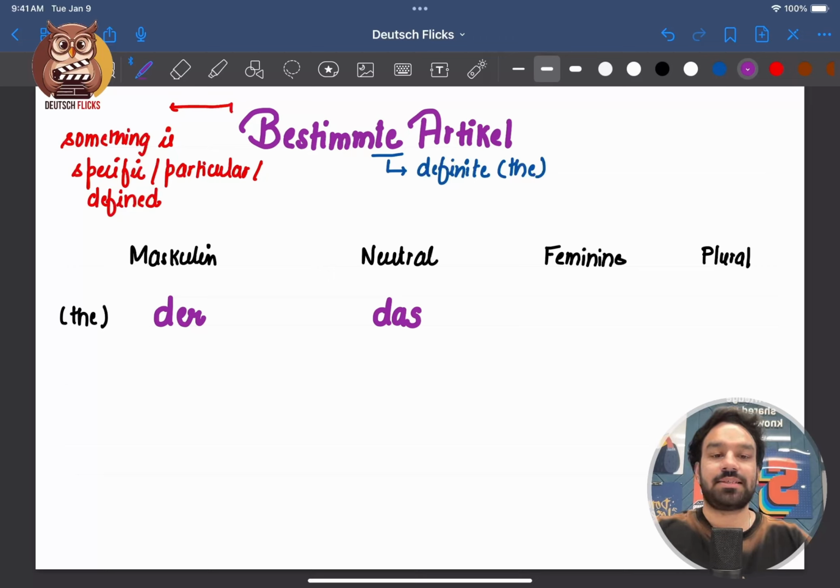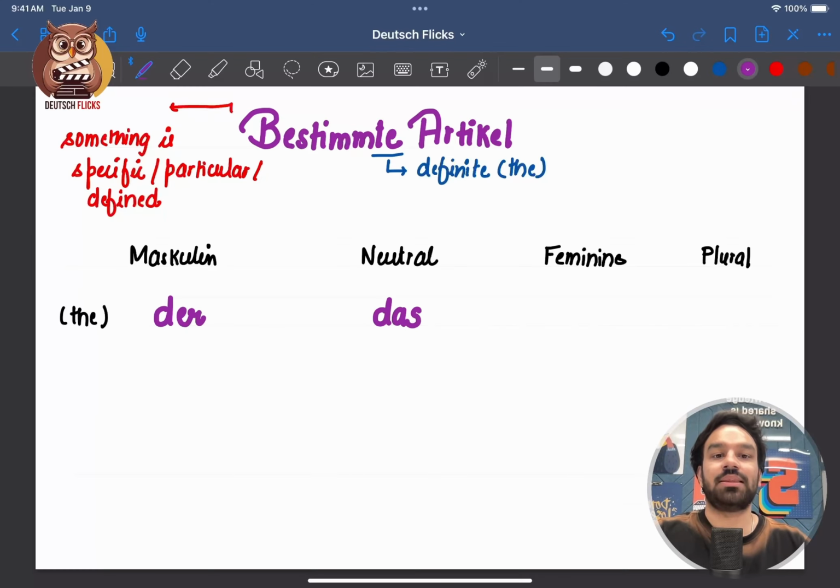At the end, they say Volkswagen, das Auto. So das Auto means the car. Now for feminine, it is called die. This is not the English die, its pronunciation is die. And for plural also we have die.